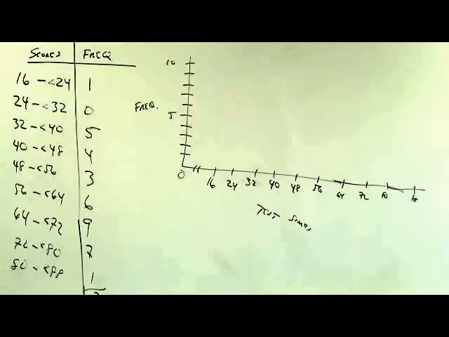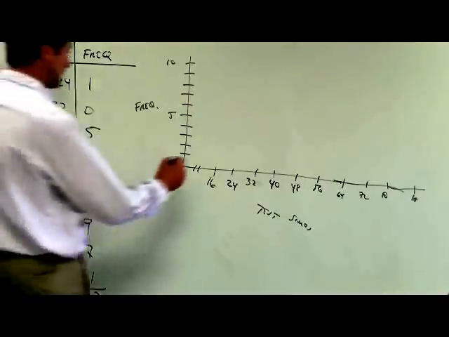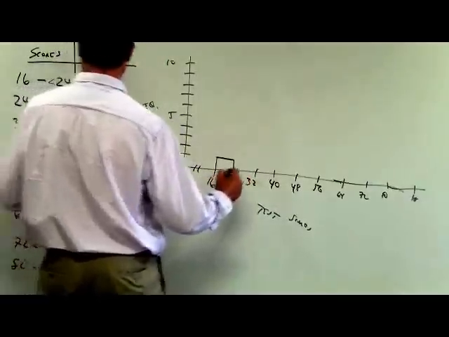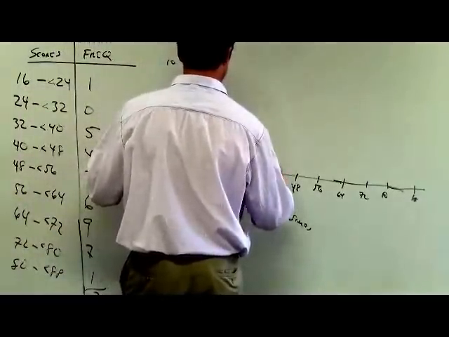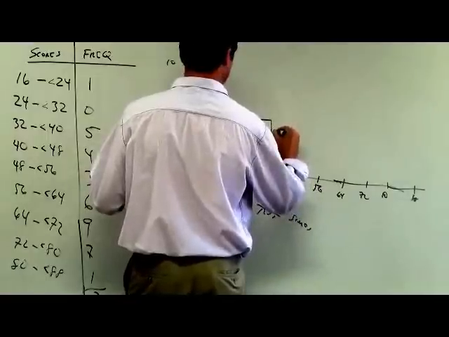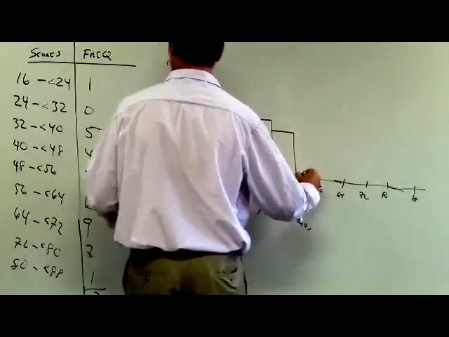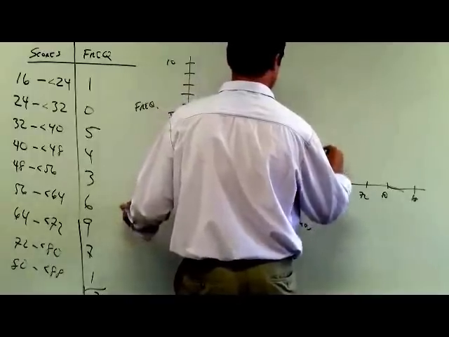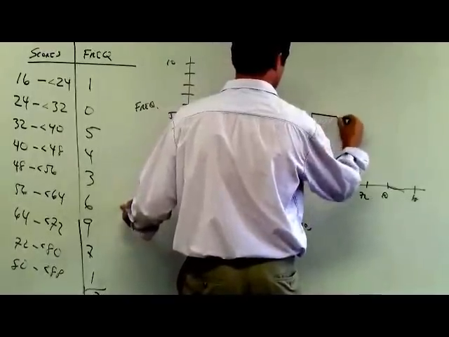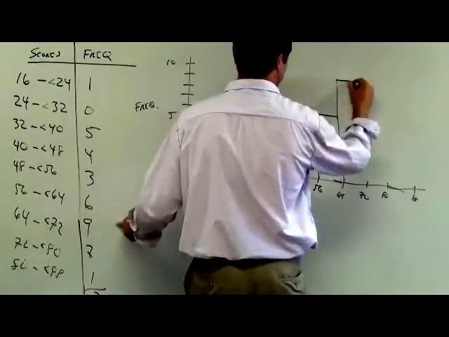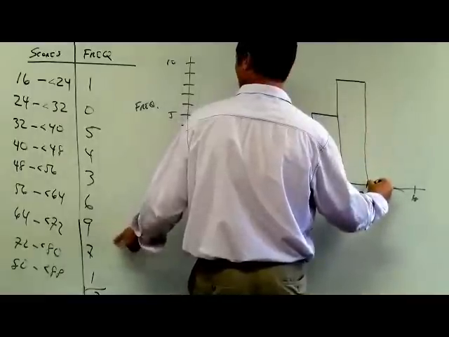All right. Now we just draw our rectangles to represent how many were in each class. So the first one I had just 1. Second one 0. Third one 5. 4. 3. 6. 9. 7.